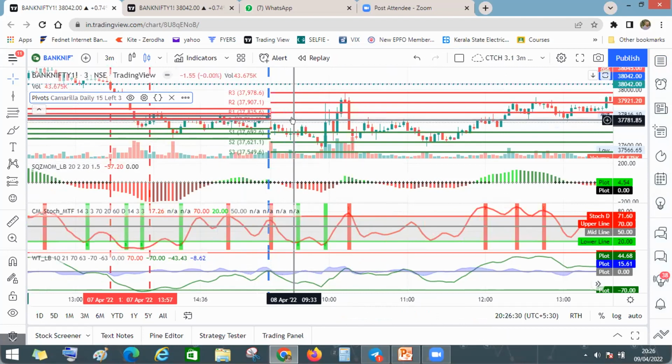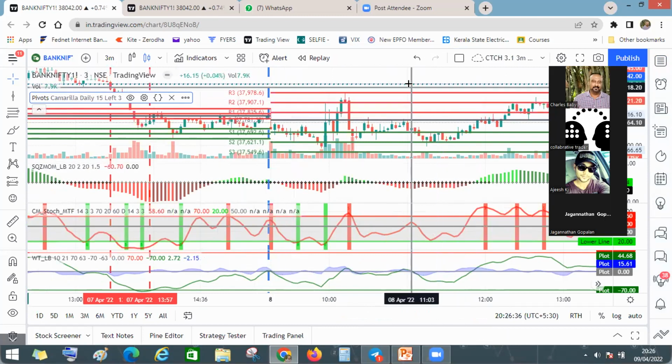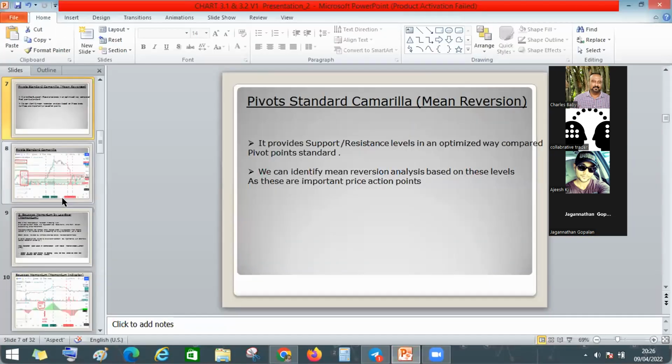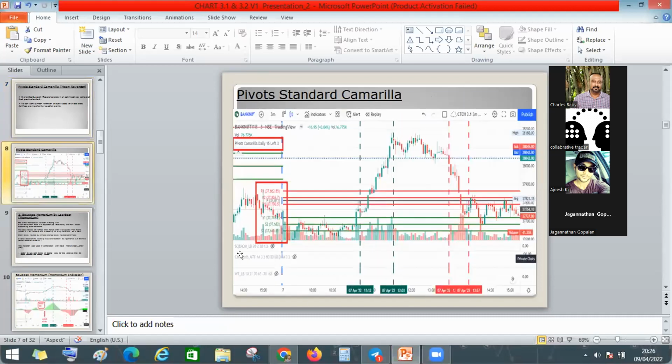Just now, Jagan sir said, looking at the Camarilla, we can see the support has been taken at that particular point. So we will get familiar with this indicator in the coming days. I will go to the next slide, where I have removed the other indicators.